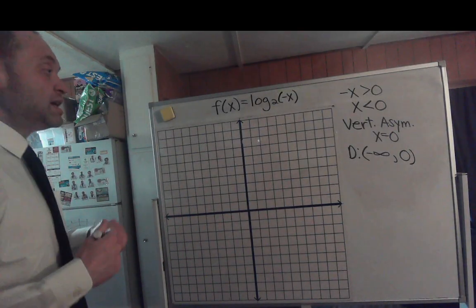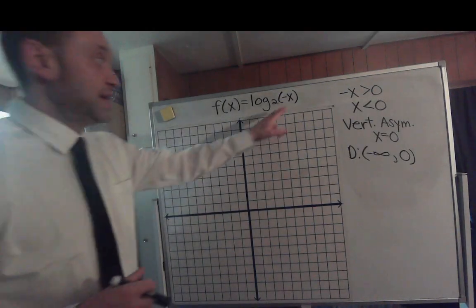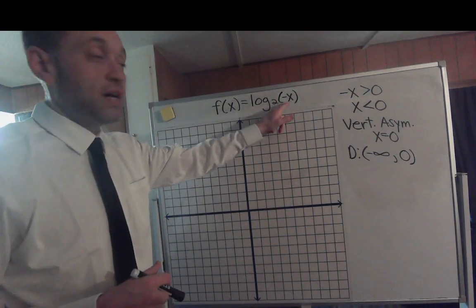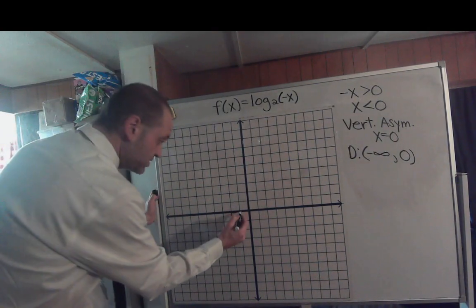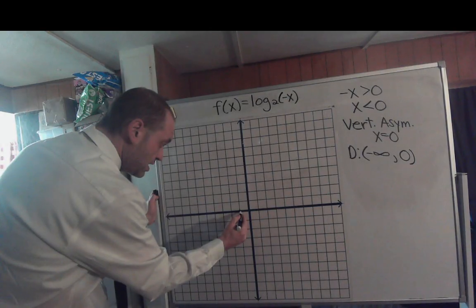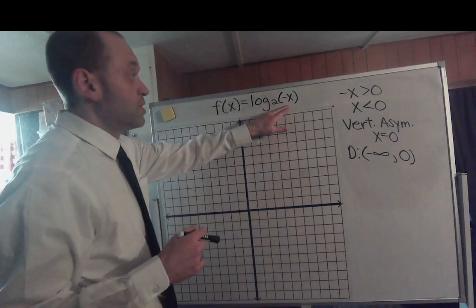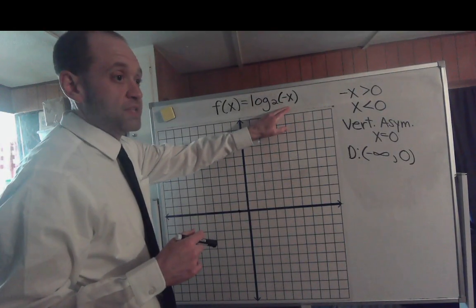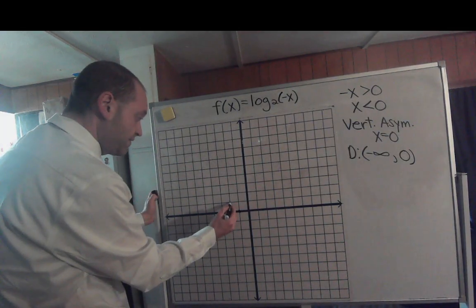So let's graph this. Let's say I make x negative 1, which would give me positive 1 inside. Well, we know that's going to be y equals 0. Now let's say we make x negative 2, which would give me a 2 inside the parentheses. 2 to the first equals 2, so that would give me a y value of 1.